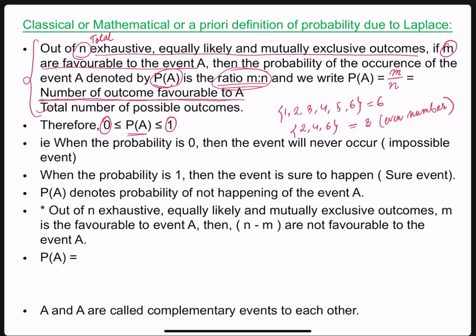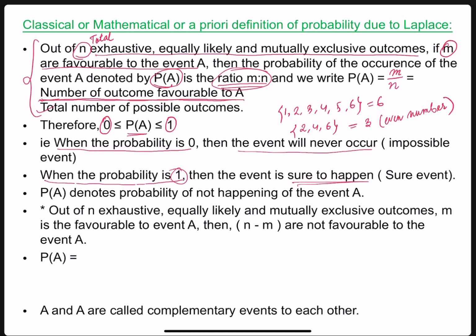Remember, when you solve a probability question and you get 0, then the event will never occur. That means it is an impossible event. When the probability is 1, the event is sure to happen. That means it will definitely happen.